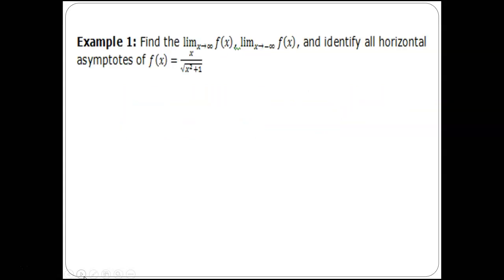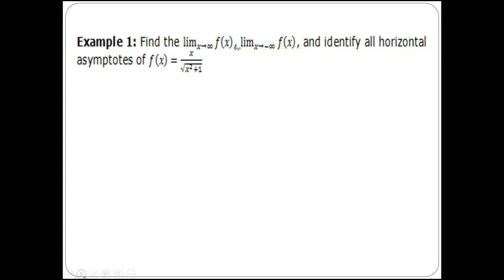So it says find the limit as x approaches infinity of f of x and negative infinity for f of x, given the function x over square root of x squared plus 1. So if the variables are the same degree, then it is the coefficients.